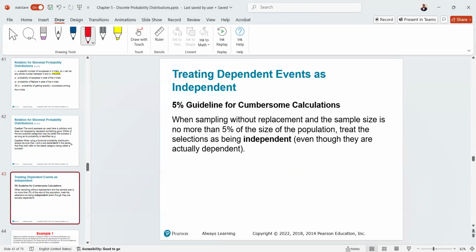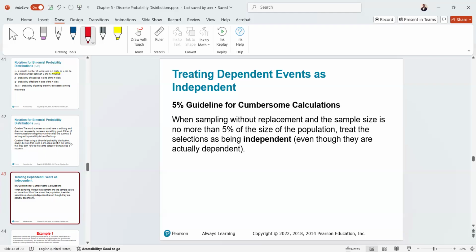50% guidance, it's something I'd like you to look through when selecting a sample, as in a survey, for example. We usually sample without replacement. Sampling without replacement results in dependent events. Remember, we did dependent and independent events in the previous chapter.